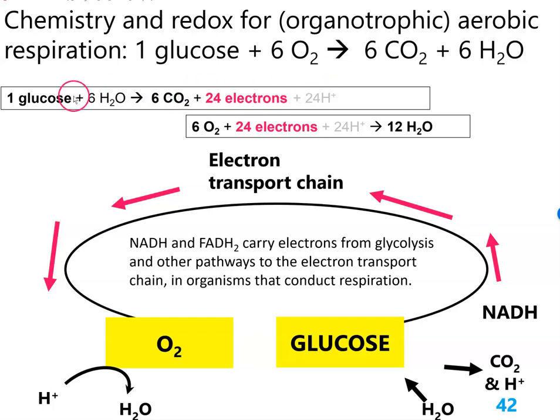These are released in the pathways, so these are not part of the electron transport chain. These come from the chemical reactions in the pathways. But an equal number of protons are consumed by the oxygen reaction, where 24 electrons would combine with 6 oxygens to make the waters.